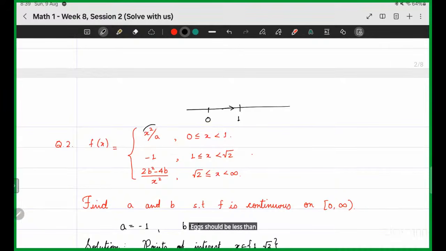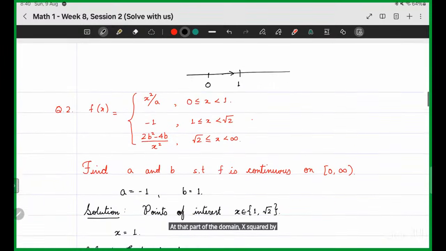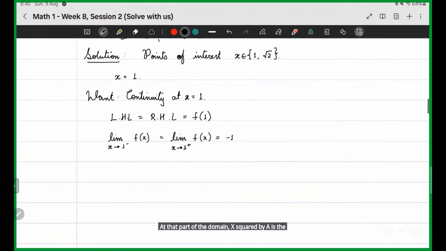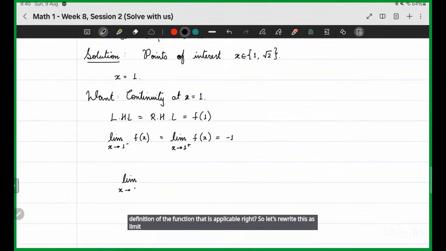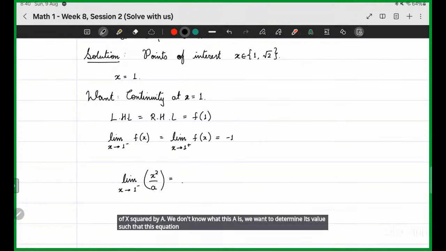At that part of the domain, x squared by a is the definition of the function that is applicable, right? So let's rewrite this as limit as x approaches 1 from the left of x squared by a. We don't know what this a is. We want to determine its value such that this equation is satisfied.